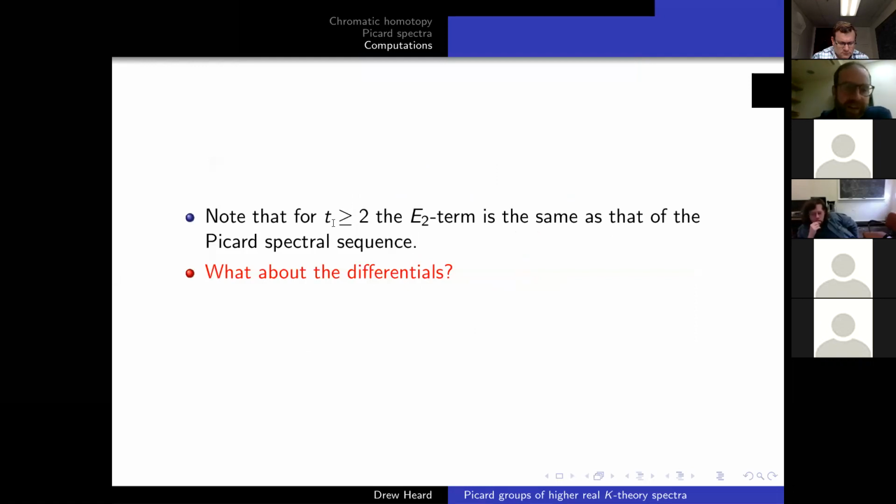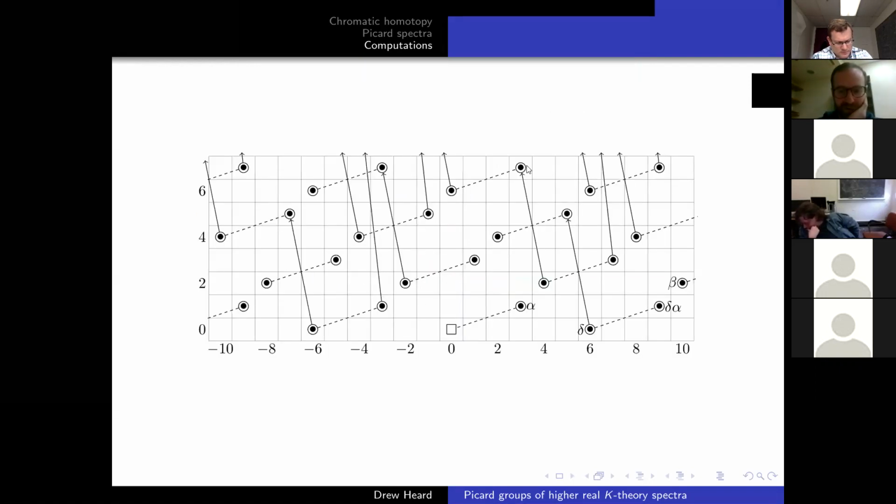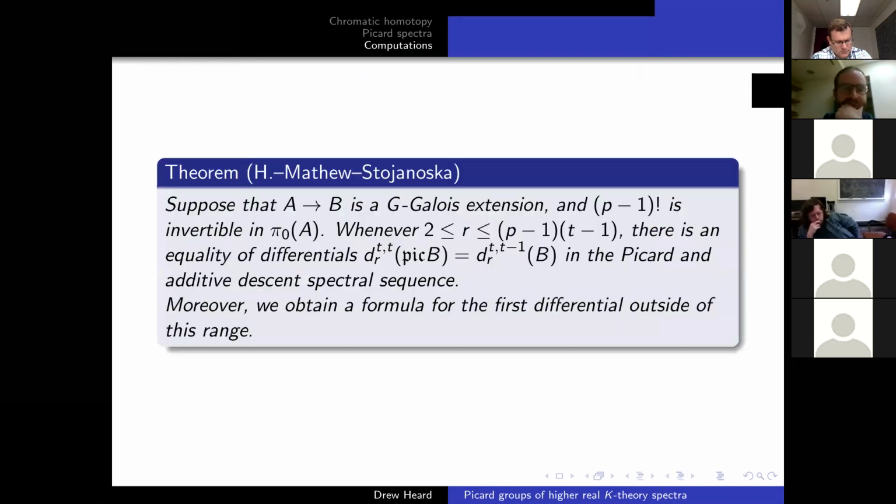Okay, so this is just what I said here. For t greater than 2, which was this diagonal line, the E2 term is the same as that of the Picard spectral sequence. The question is, what about the differentials? We know all the differentials here. Can we import the differentials into the Picard spectral sequence? This is the result that we proved.